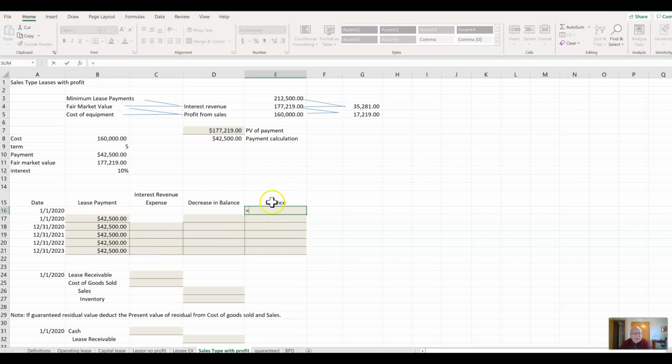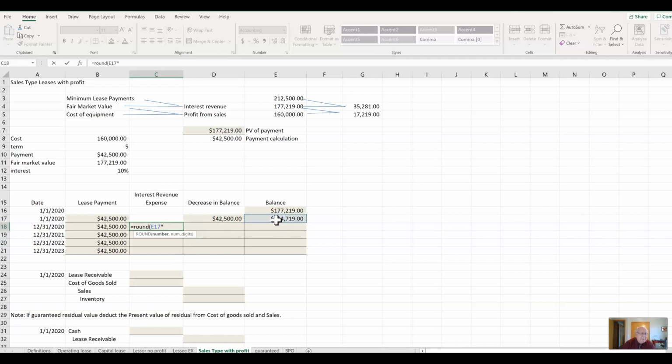The balance that we have is the $177,219, and of course the first year is the $42,500, and then we take the $177,219 minus the $42,500, and that gives us the $134,719.